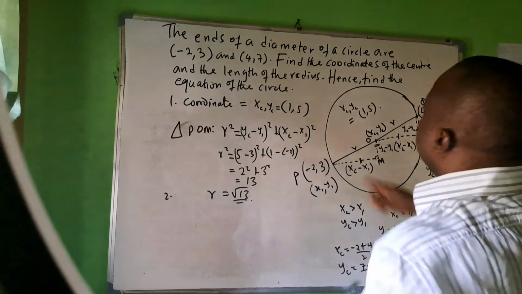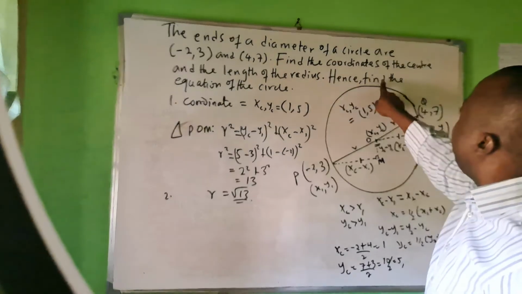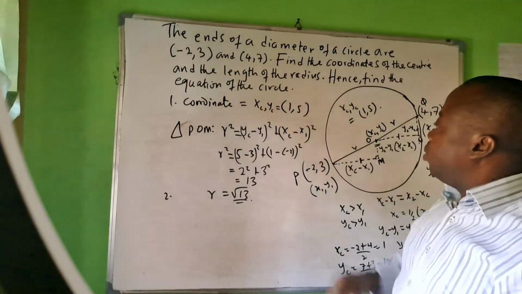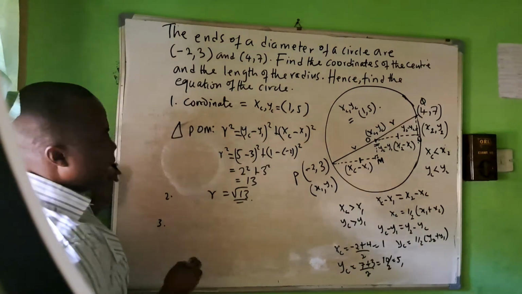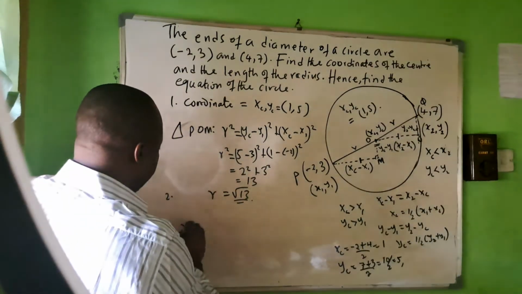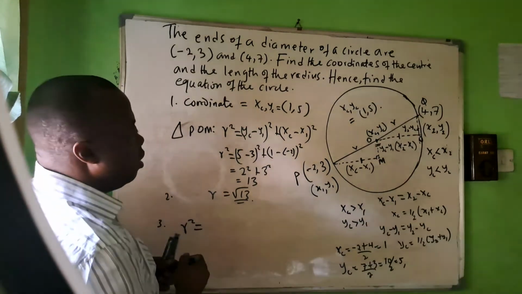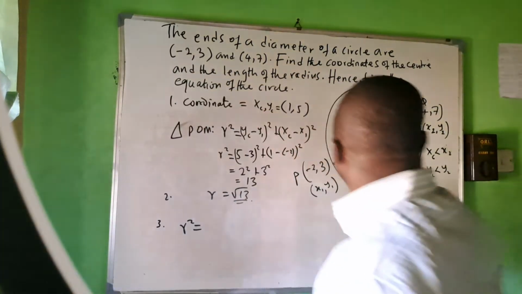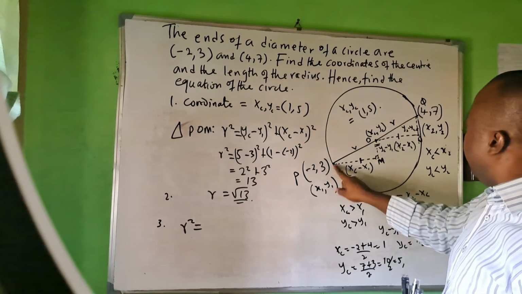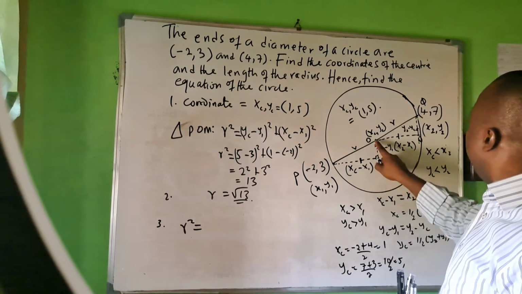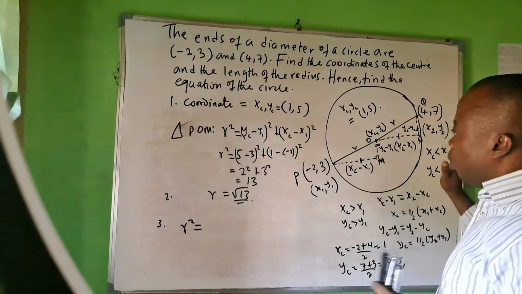We found it. Now the last one says, hence find the equation of the circle. Now 3, the equation of the circle is R squared equals, choose either this triangle POM or OQN to give you the same thing.